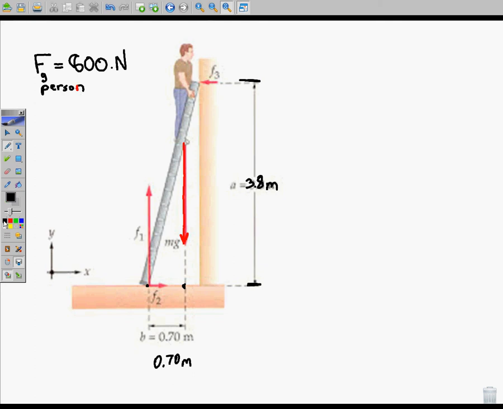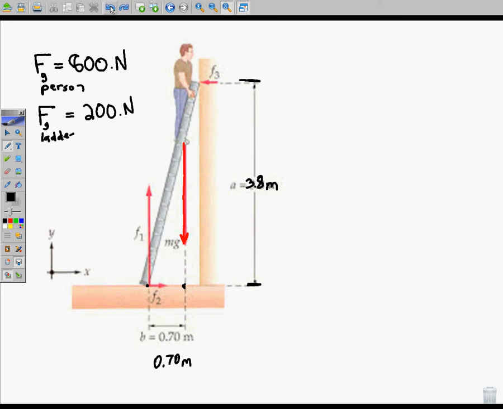Now, when you climb a ladder like this, one thing you're concerned about is the bottom of the ladder sliding out this way. Some people will tie a little rope and anchor it to the building so it doesn't slide out. Other people put a stake in the ground right there. Or you could just trust that there's going to be enough friction right there.